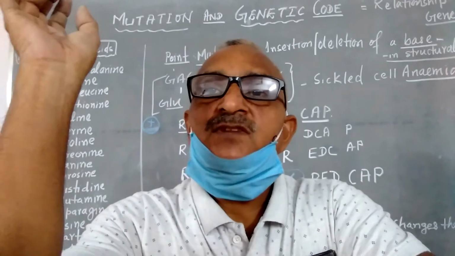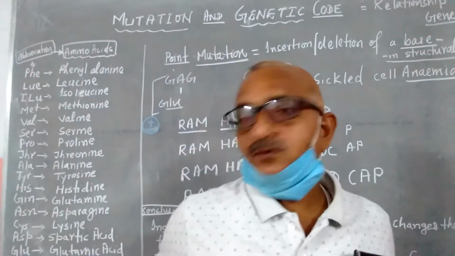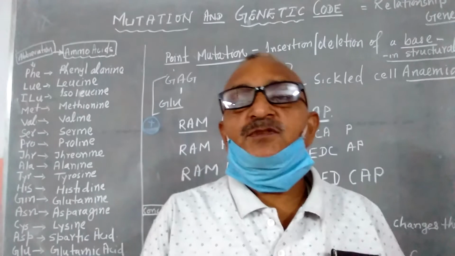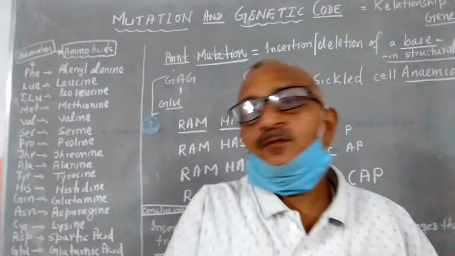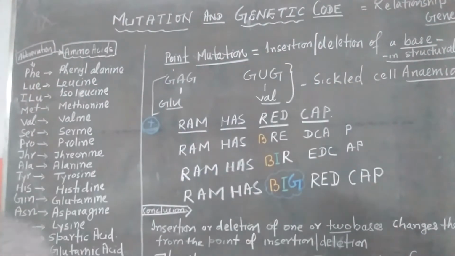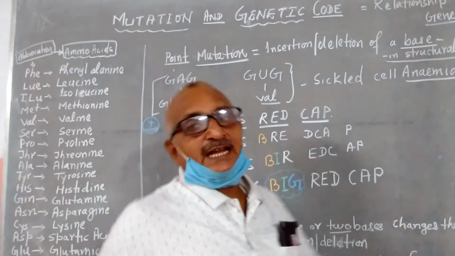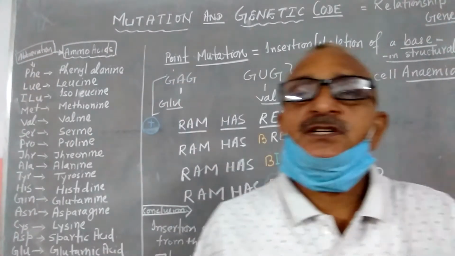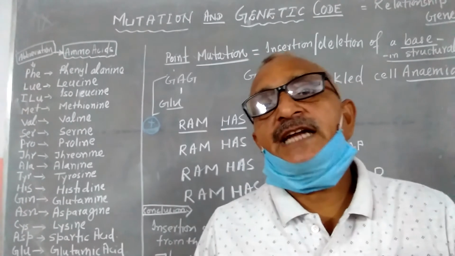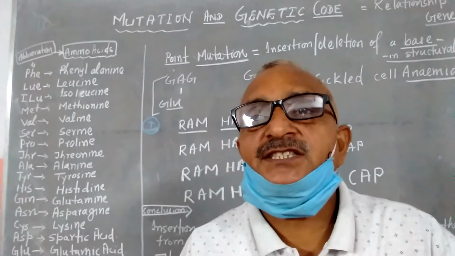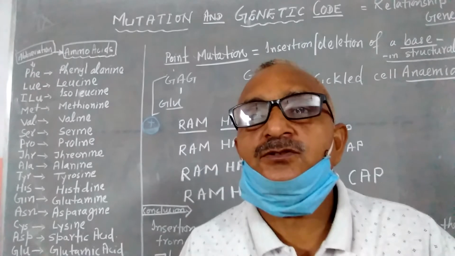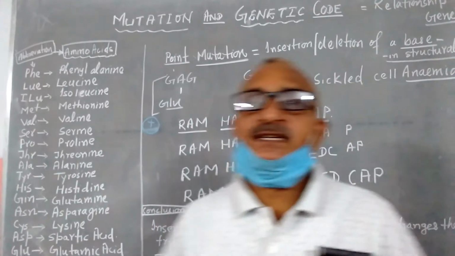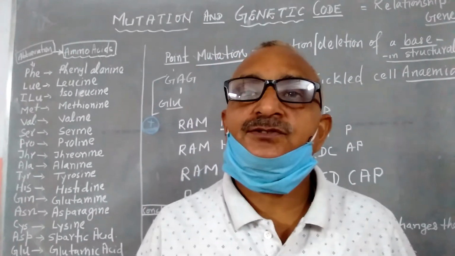Hello everyone, I am going to explain to you the mutation, especially the point mutation. Before describing point mutation, I would like to tell you that I have already made separate videos on the genetic code, and on transcription in prokaryotes and eukaryotes, which you can watch.